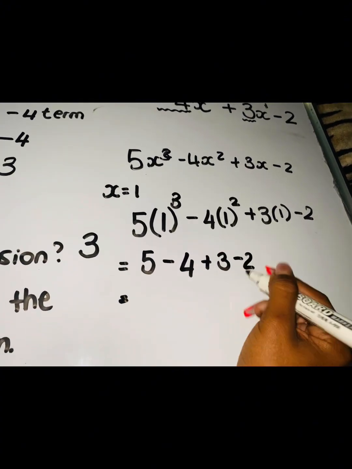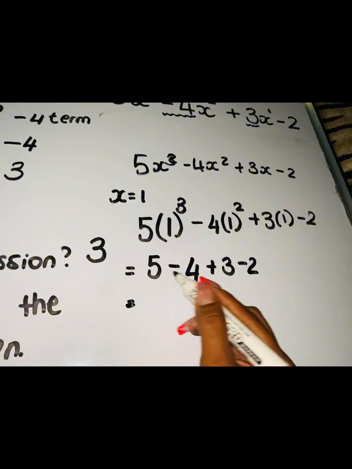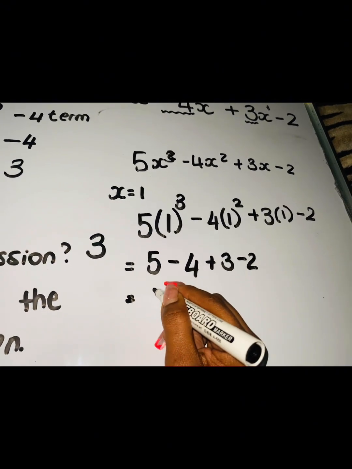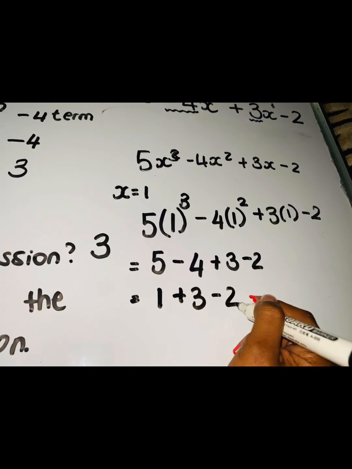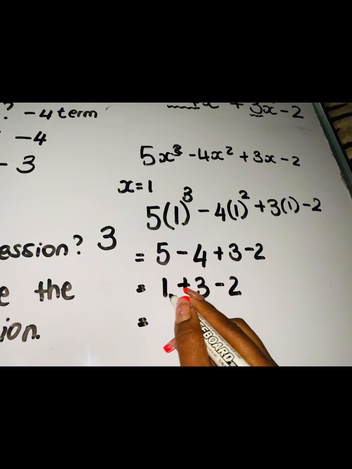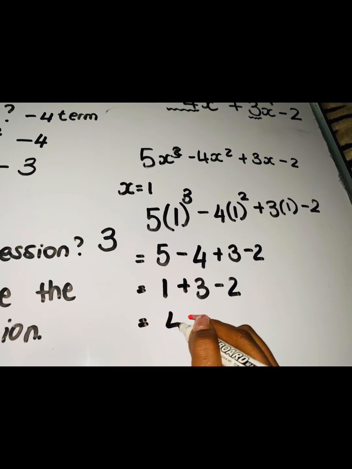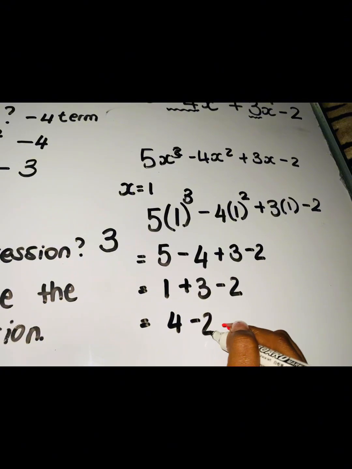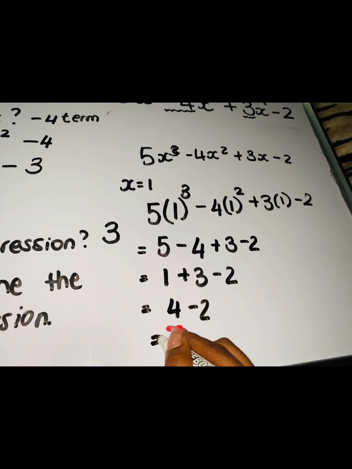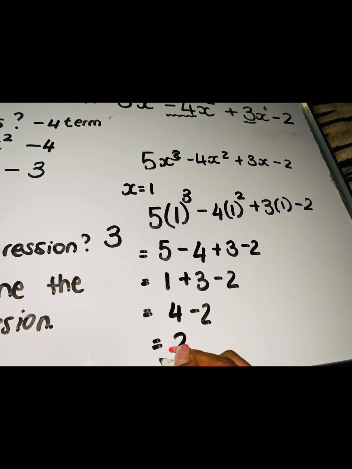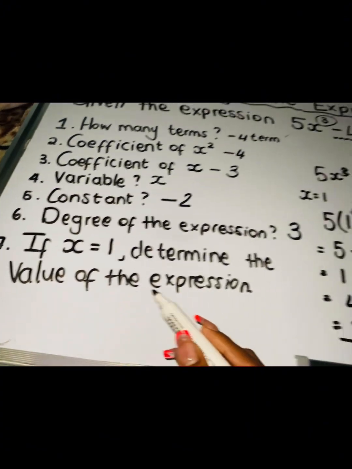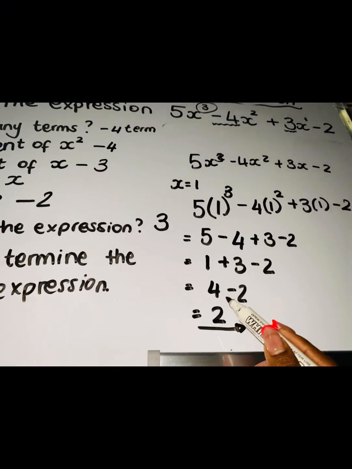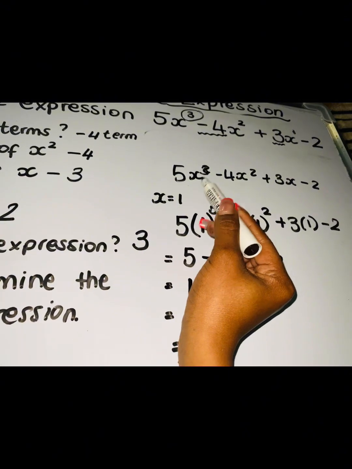So you say 5 minus 4, which is equal to 1, plus 3 minus 2. And then you add the 1 with the 3, you get 4 minus 2. And 4 minus 2 is equal to 2. And this is your final answer, meaning the value of this expression is equal to 2 when x is equal to 1.